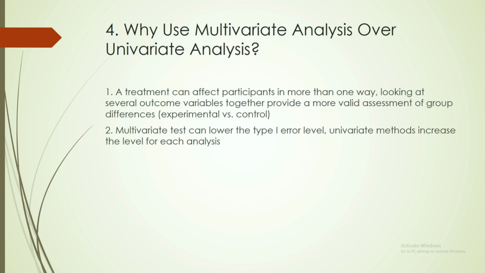It's going to go to around 0.15 level, which will increase the level of type 1 error. And that's going to increase the chances that we're going to arrive at a false positive conclusion.